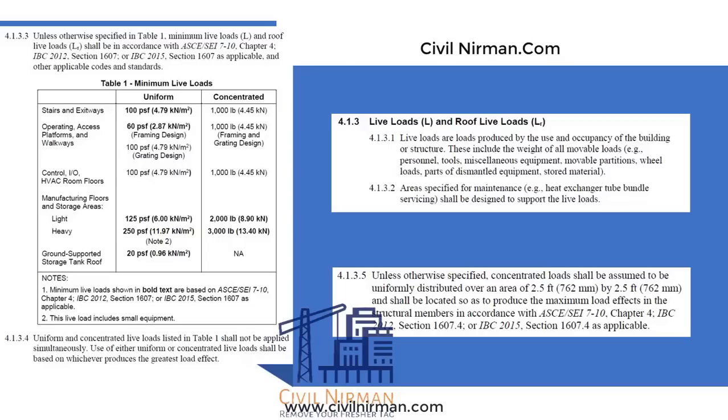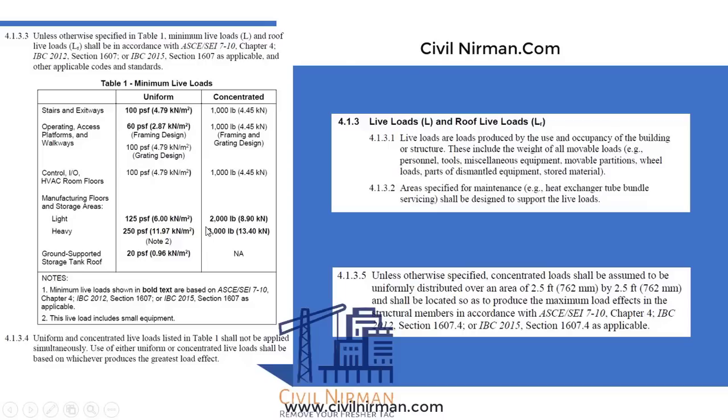However, in walkways and access platforms where only occasional man movement will occur, we consider live load as 2.5 kN per meter square, almost half of the operating platform. For maintenance areas and storage places where frequent movement of man and trolley is expected, a live load of 6 kN to 12 kN is considered for the design.